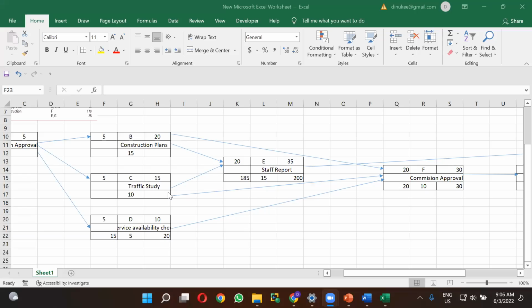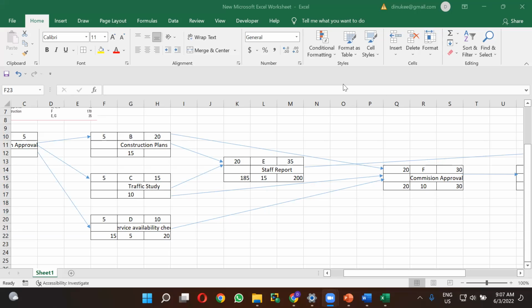So for the C activity, how many arrows are coming? And tell me what is the value that you are going to choose as the late finish time of C activity. There are 2 arrows coming, right?